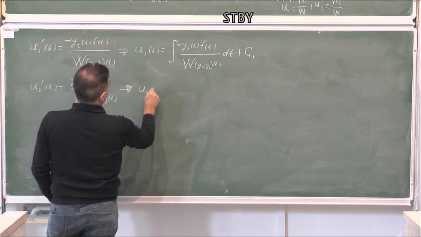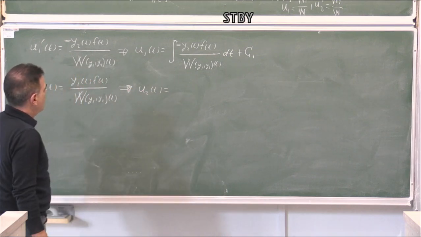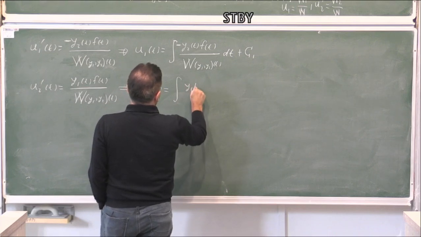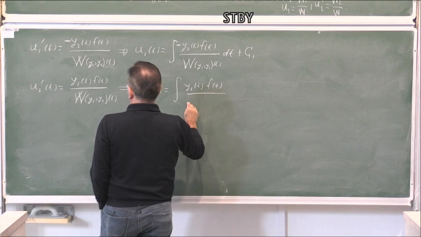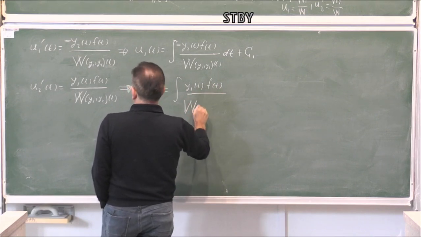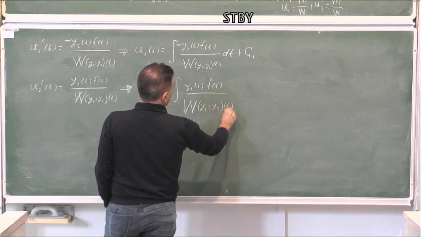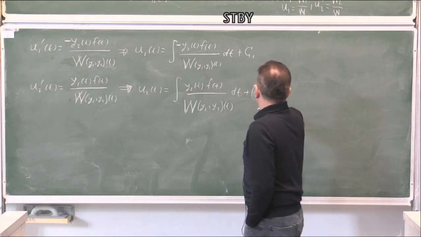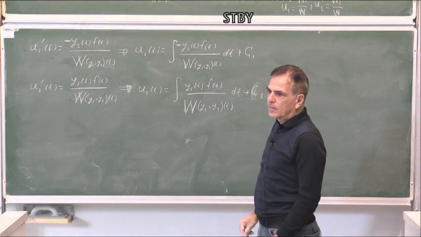Therefore, u2 results in this integral, y1 f over the Wronskian of y1, y2 of t dt, plus perhaps an arbitrary integration constant. Okay?